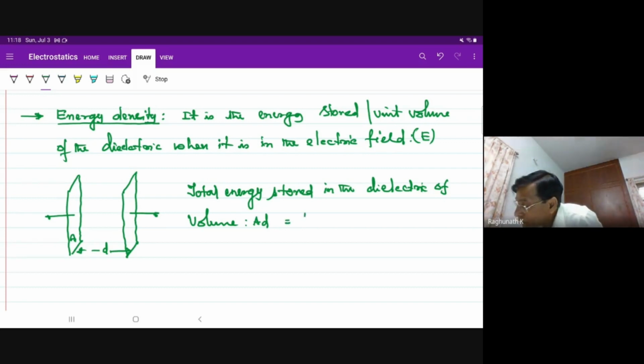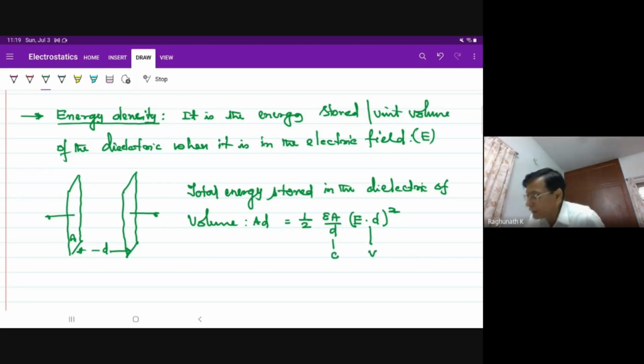It is equal to half CV squared, right? Half C is what? Epsilon A by D. V is what? Magnitude of E into D. E is magnitude of E. That's enough for me. Whether E is there to the left or right, the deformation is fixed. Do you agree that this is C?